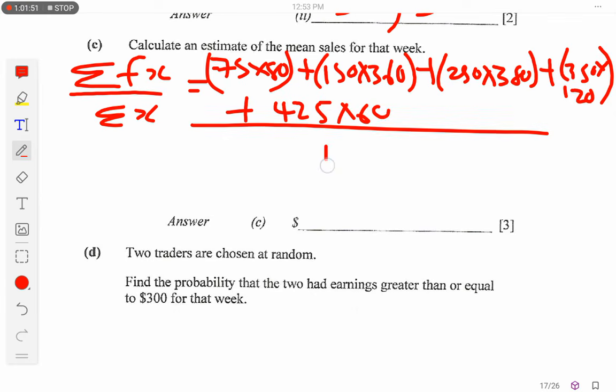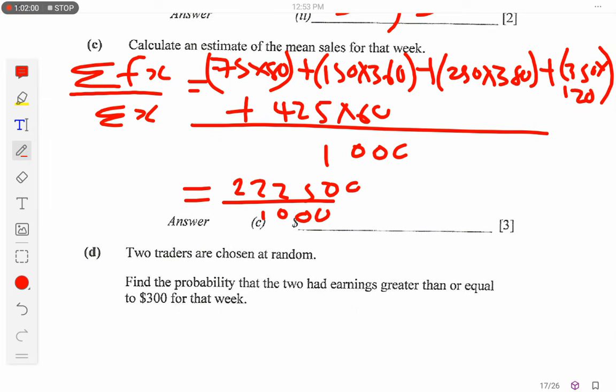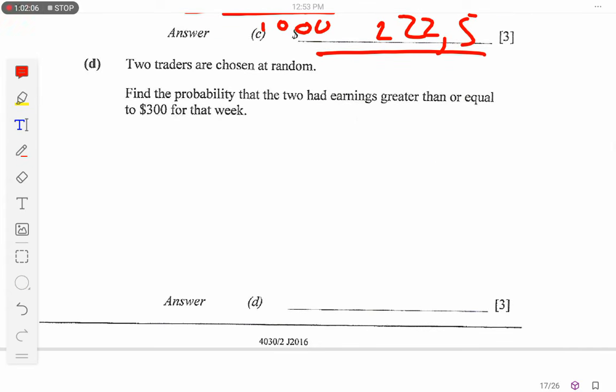All is divided by 1,000. So we get here 500 over 1,000. So our mean is going to be $222.5 there.